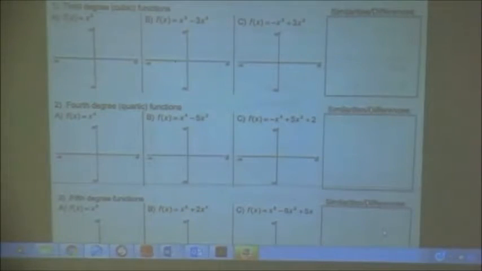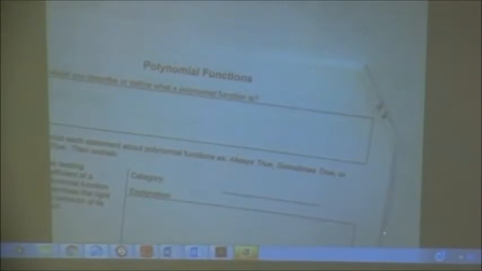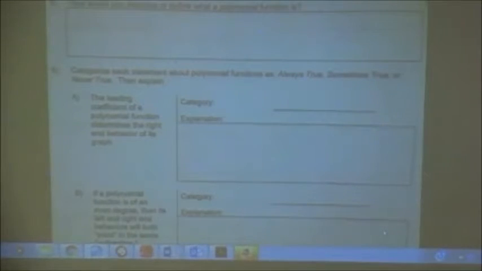Okay, let me give you the definition, top of page 2. For you to describe or define what a polynomial function is, you wouldn't necessarily have any way of knowing that on your own. You could probably come up with some things that it definitely needs to have, but I don't know that you would come up with the definition all by yourself if I didn't give it to you. So I am going to give it to you.